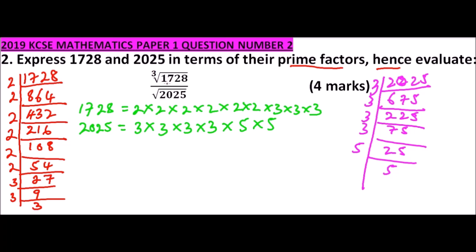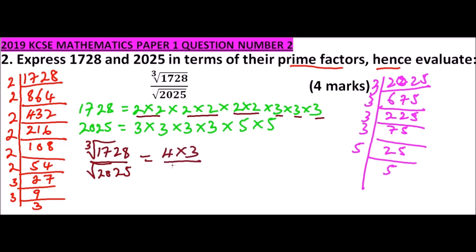So it means that for the cube root of 1728, here we will take 1, 2 and 3, and here we take 1, 2, 3. So the cube root of 1728 divided by the square root of 2025 should give you 4 multiplied by 3 divided by the other one.